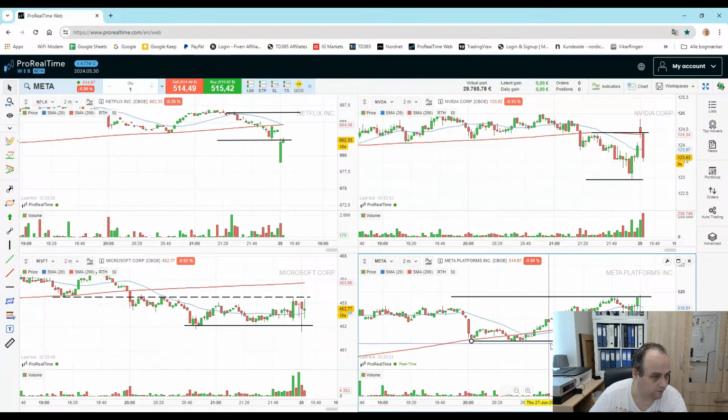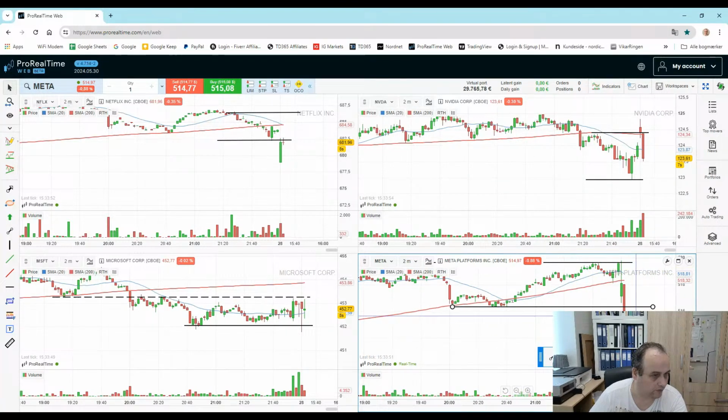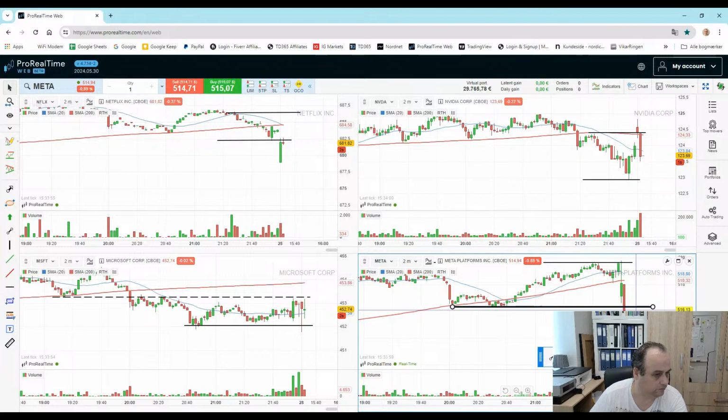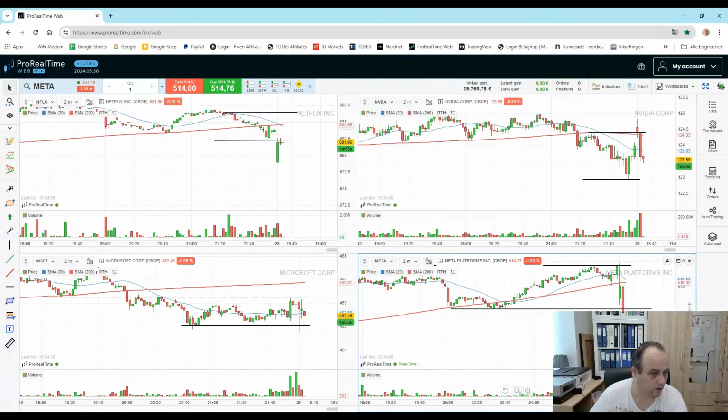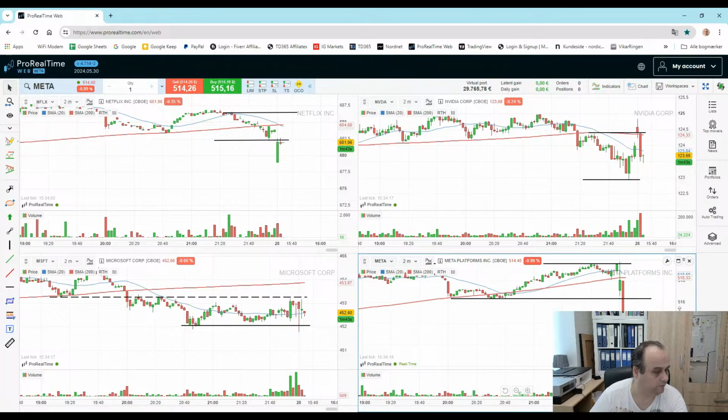I'm sorry, guys, I missed the Meta in this case, because the Meta would have been a short from here at 516.36. And it's producing more red. Yeah. I missed the entry on the Meta short here. Maybe if it produces green bar, we can see if it's a pause bar, and then we can enter for a second move down, the second leg of the red bar.